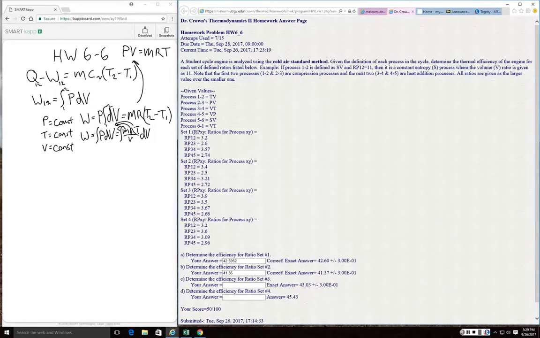The mass is constant, the gas constant is constant, and so I get m R T and then the integral of 1 over V dV. I'm running out of room there, so let me write that below here. Equals mRT integral 1 over V dV, which is mRT1. I can put T2 or T1 since they're the same, natural log of V2 over V1.